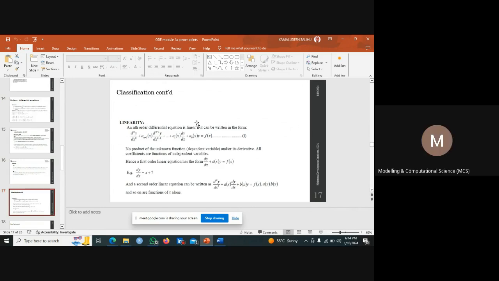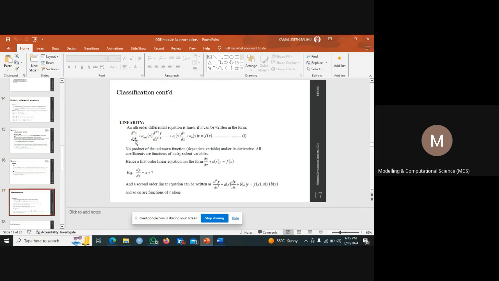Any equation that can be written in this form, you call it an nth order differential equation, and it is said to be linear. We have linear differential equations, as we said earlier, but this is for the nth order.